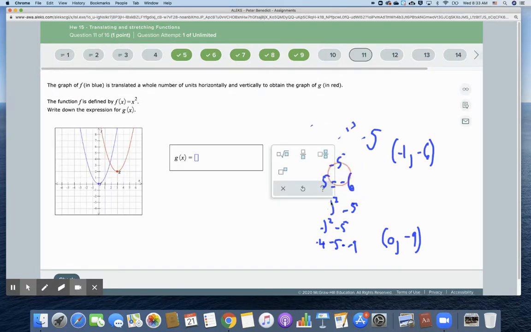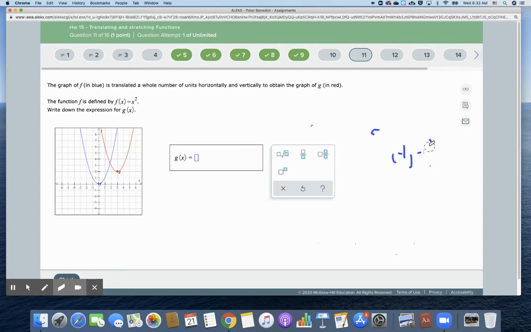Okay, this one's a little bit different. As we look at these two functions, the blue one is the original parent function, and the red one is the translated version that they want us to write the equation of, right? Now, this is a parabola, okay? So we know that that is an x squared function, okay?